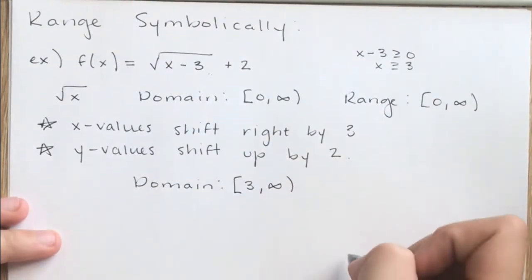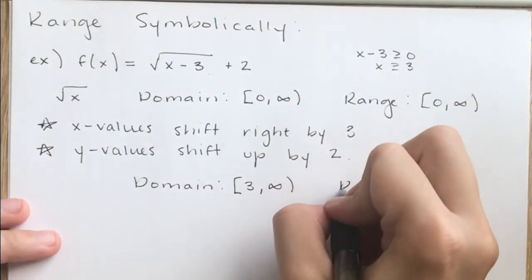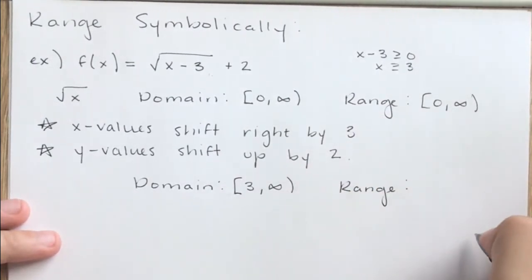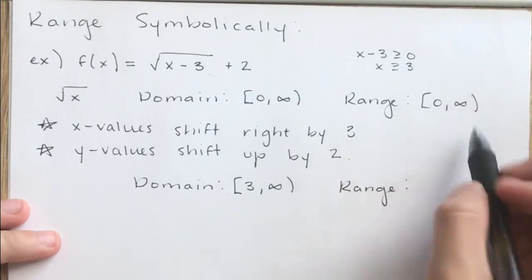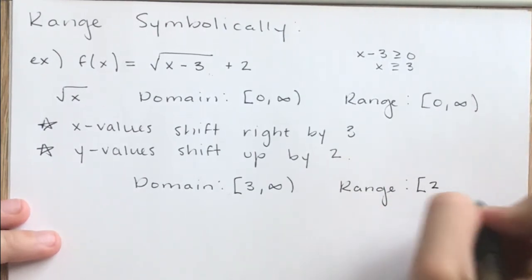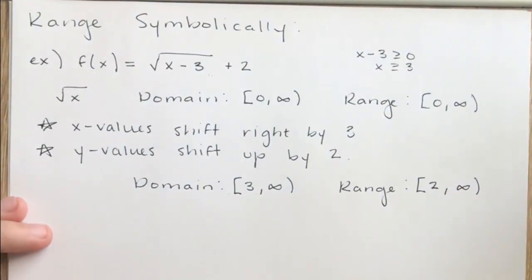We get 3 to infinity, and that's the same thing we got up here. Our range has been shifted up by 2. We used to start at 0. If we get shifted up by 2, it means we start at 2. Notice that our domain changes did not affect our range, and our range changes did not affect our domain.